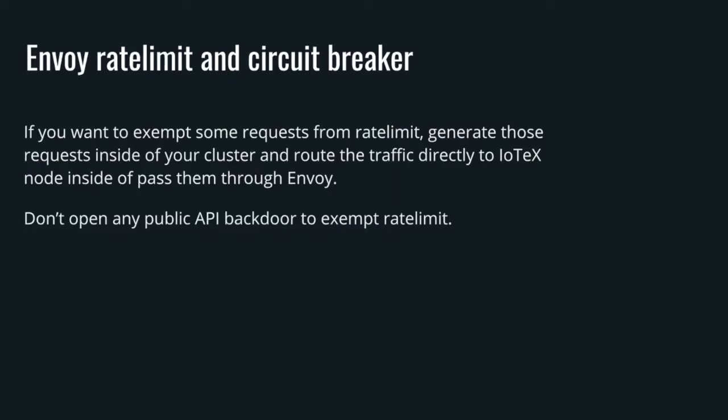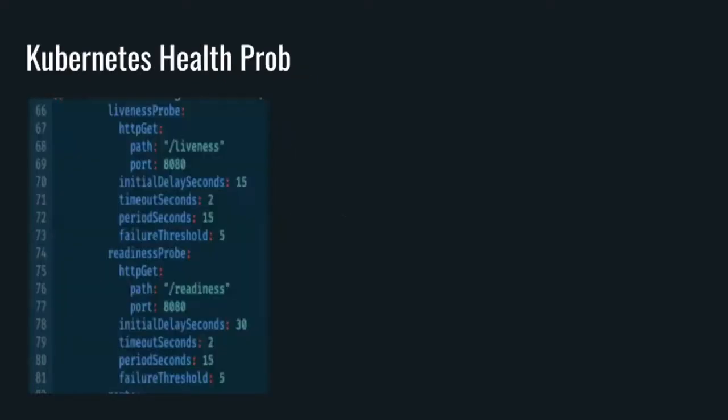If you want to do that, you can, but it's pretty complicated, and it also gives a backdoor to attackers. So if you want to examine some requests from rate limit, just do it inside of the data center, not through Envoy.